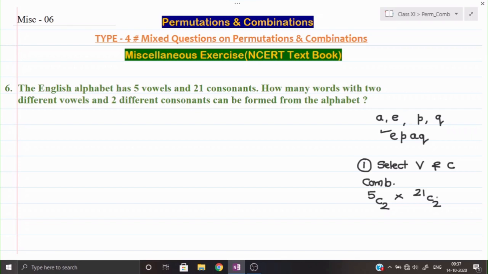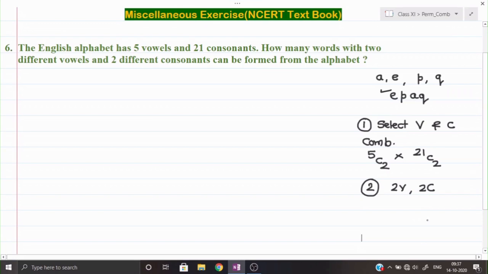Now the second thing: we are going to make the word with the help of these 2 vowels and 2 consonants. How many letters do I have in total? 4, and with them I have to form a 4 letter word only.